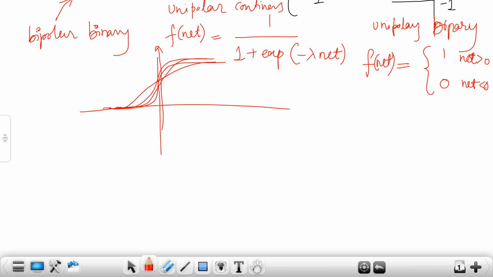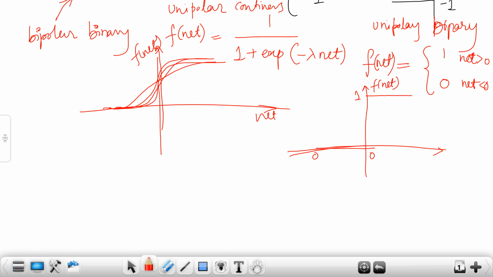Okay, this is your unipolar function. This is your f net, and this is your net. And similarly over here, this will be a 1, and this will be your 0. Okay? Fine? This is your f net. This is unipolar binary. Okay, so these are the activation functions.